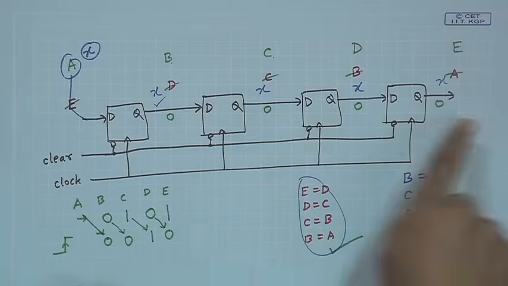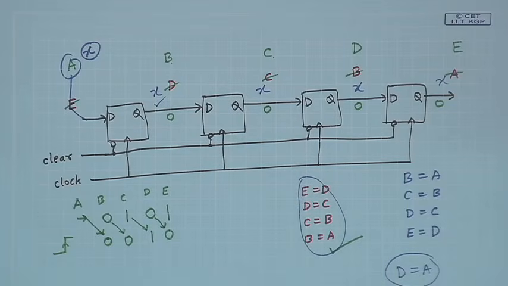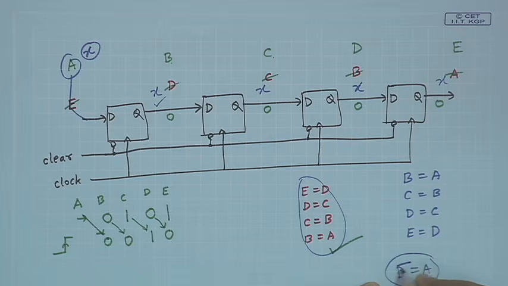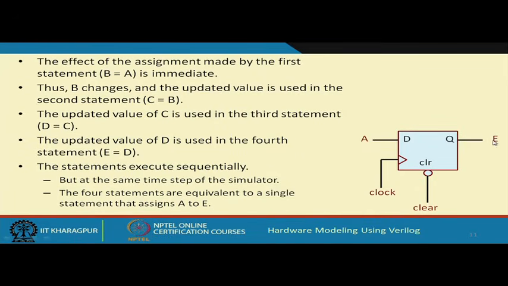So, instead of a shift register, what it will be generating is nothing but a single flip flop, E equal to A, I mean the final E. So, A will be going directly to E. The intermediate things are not generated.